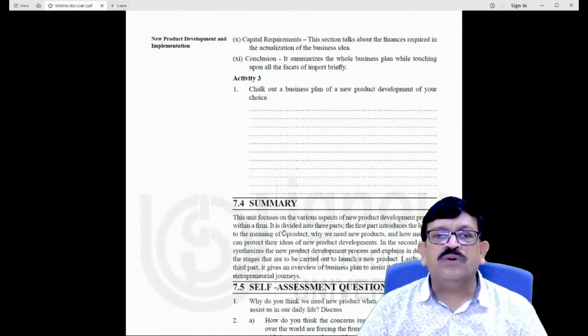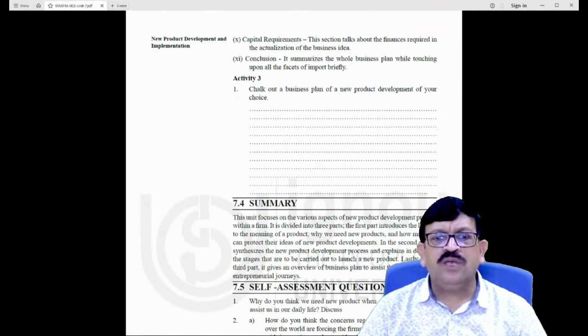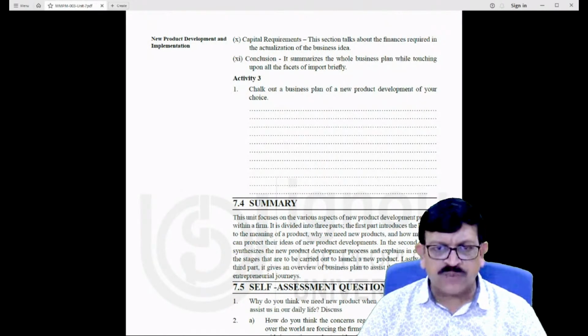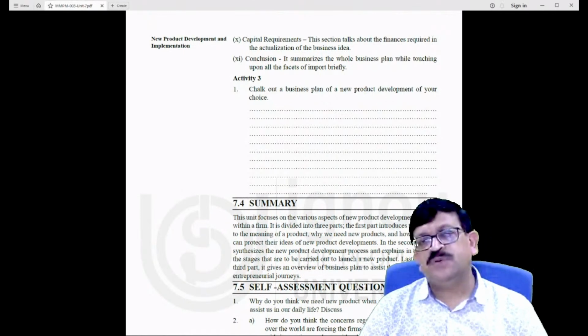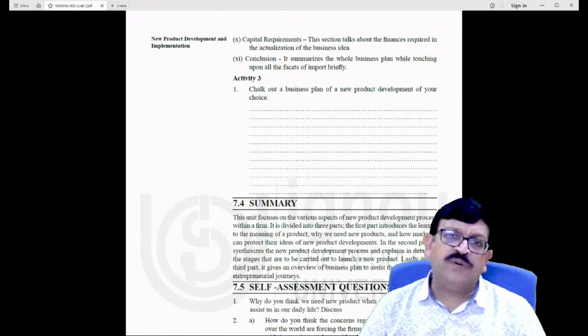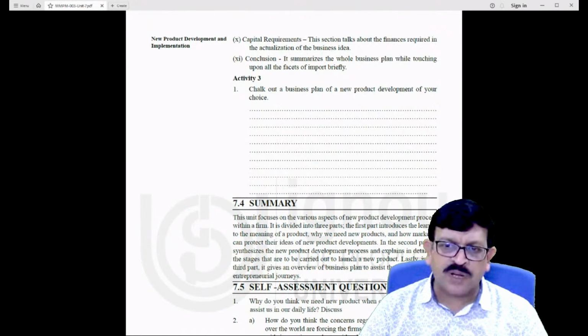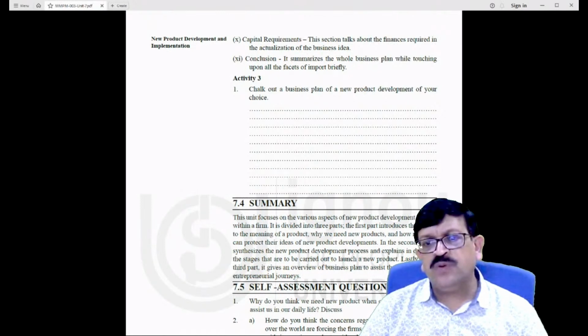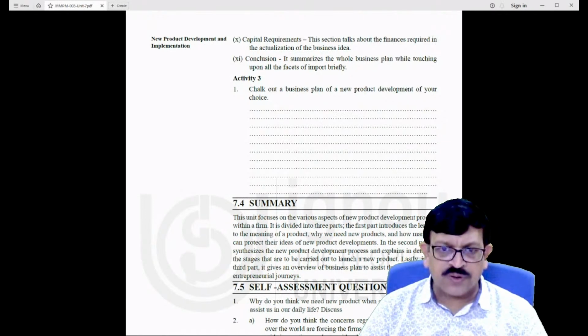There are various aspects which we have covered in this unit today. We looked into the first part: what is the product, and why do we need products in the first place. From a business perspective, new products help in expanding our offering to the marketplace. When you talk about newness, what kind of new? It could be completely new product ideas, modifications, or new markets we are trying to enter.